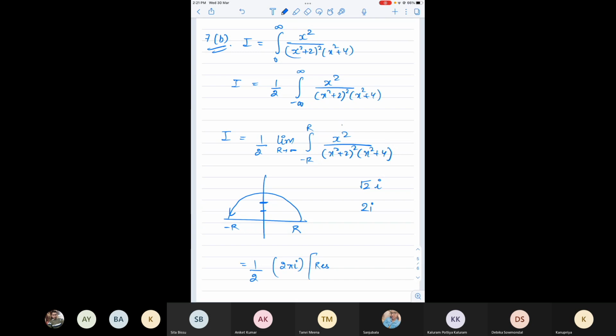Let this be f(z). The residue of f(z) at root 2 iota, plus the residue of this function at 2 iota. You will calculate this. Root 2 iota is a pole of order 2 and 2 iota is a pole of order 1, right?